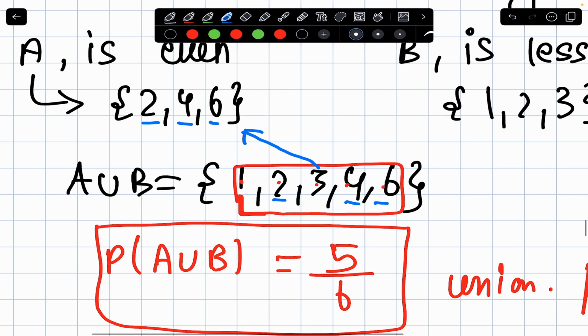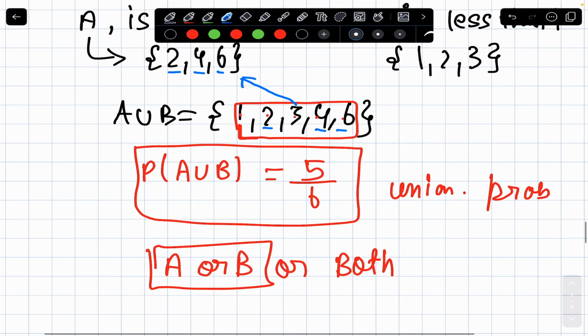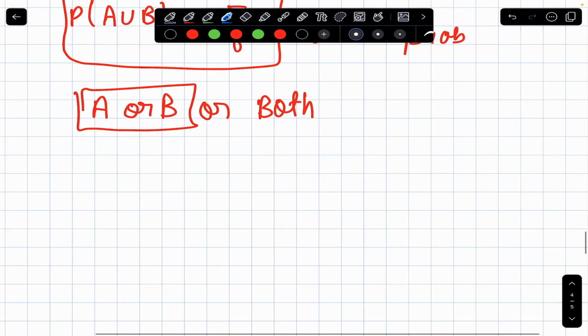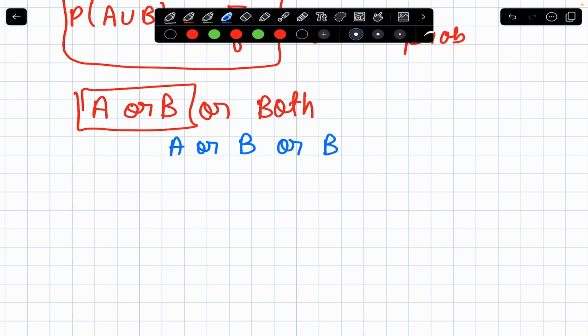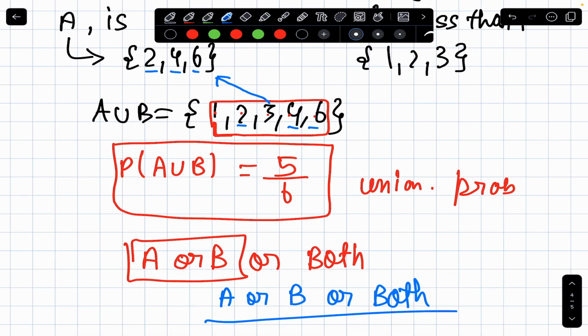So we are getting the probability for event A and event B also, either for event A or for B or for both. So the union probability tells us the probability of event A, event B, or both.